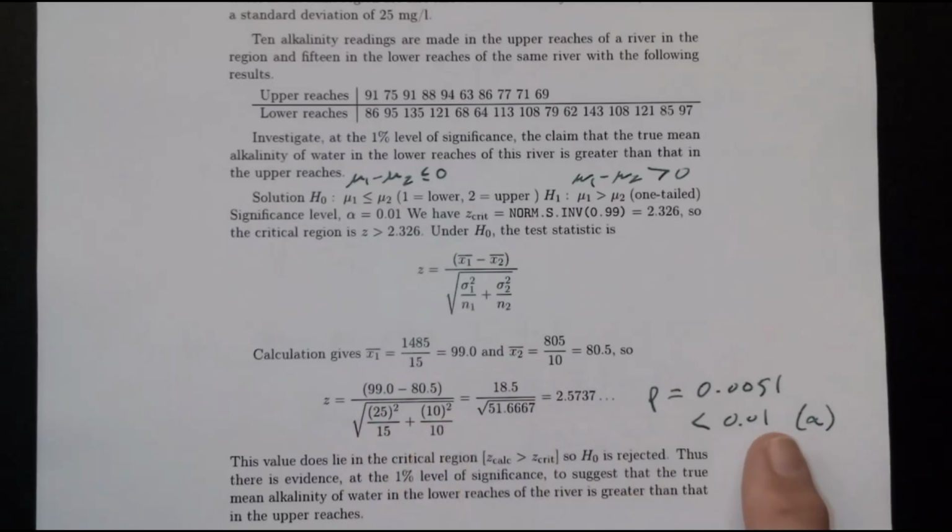Hey, at 1%, they gave me an alpha level. So I know what alpha is. My p-value is 0.0051, which is smaller than 0.01. What do I do with my null hypothesis? Did the calculation?